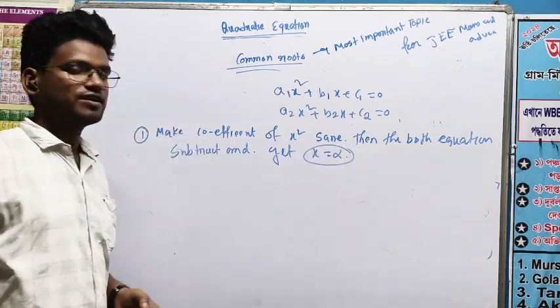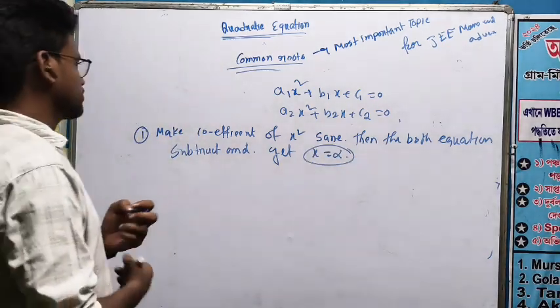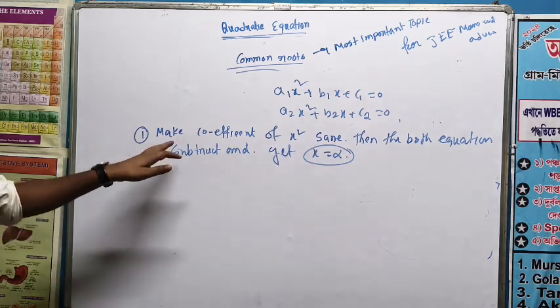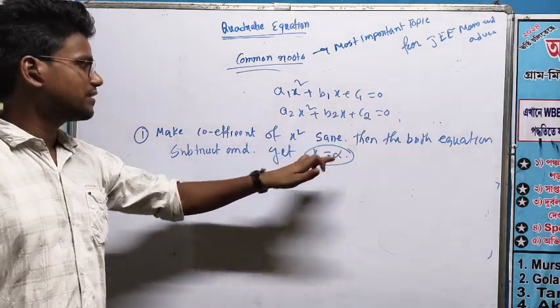That means alpha is the common root. So what is the process? Make the coefficients of x square the same.